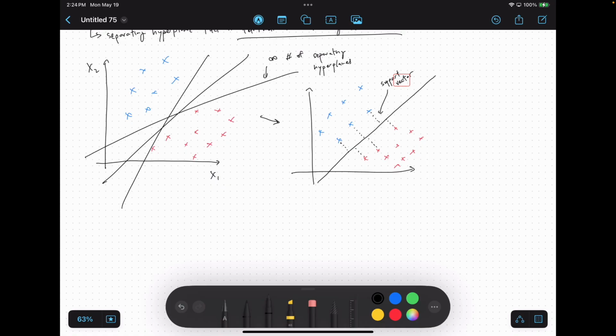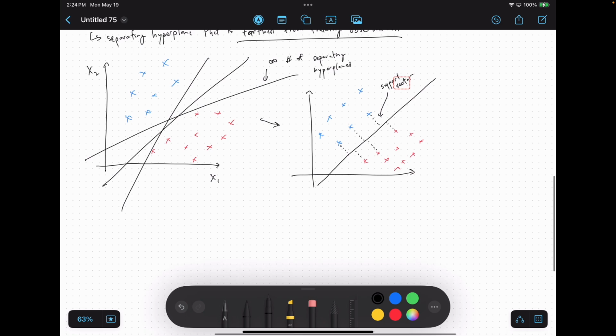So I'll write down the math behind this particular optimization, but again, that's just for reference. We don't really need to deal with how this actually works.